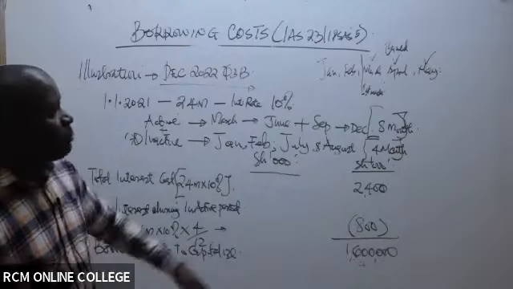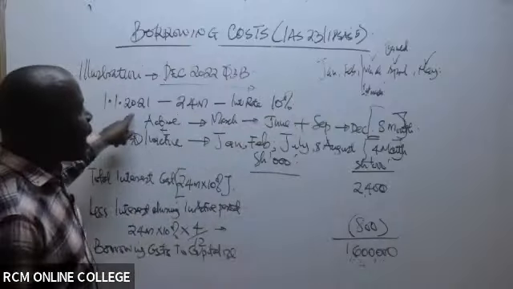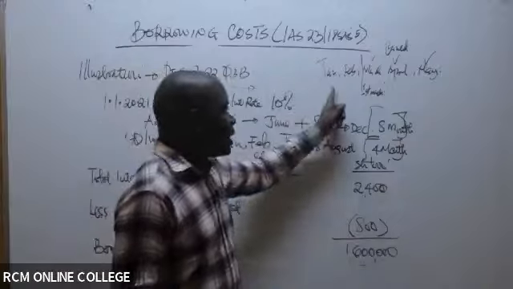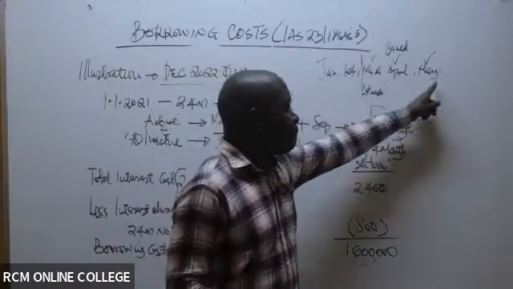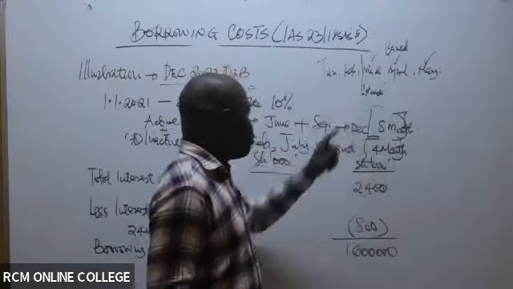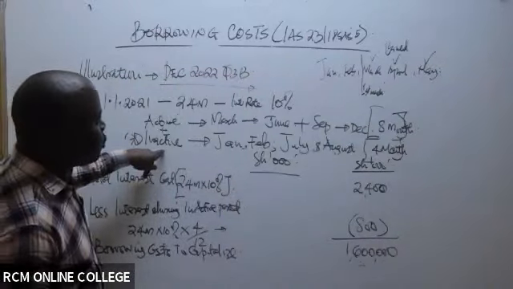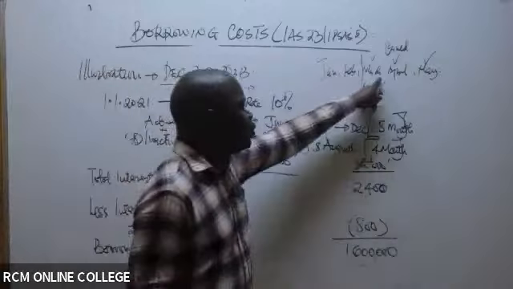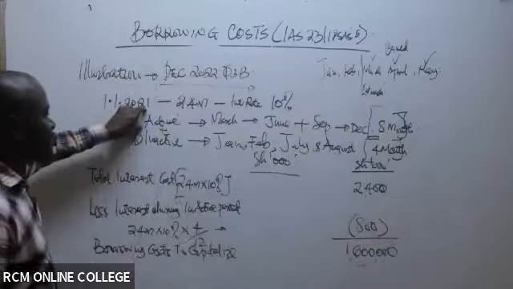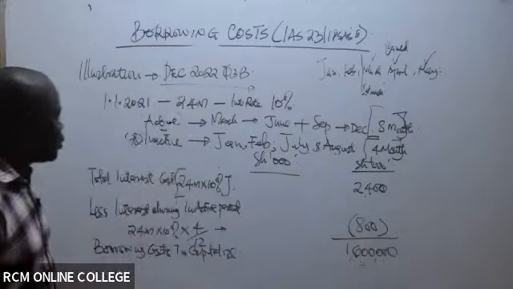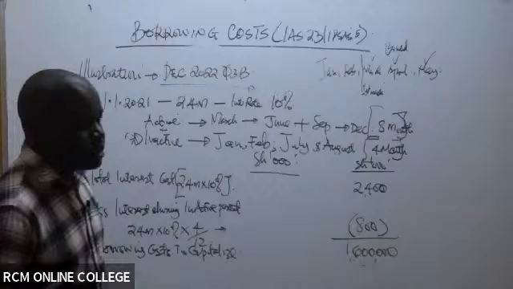So they received the money on 1st of January and invested part of it: January, February, March, April, May. But January and February were the period of inactiveness. So only interest earned during active construction is what you deduct from the borrowing cost to get the net borrowing costs.